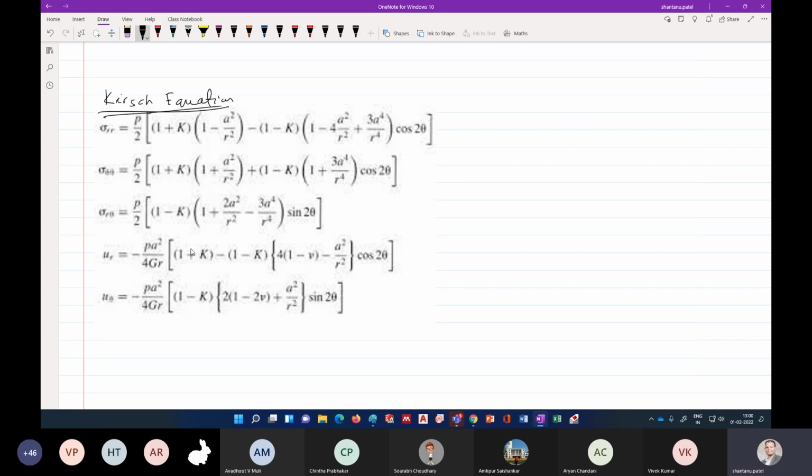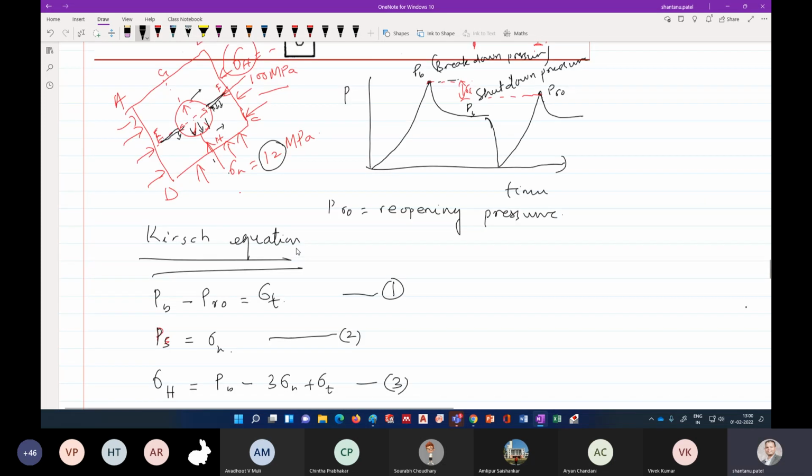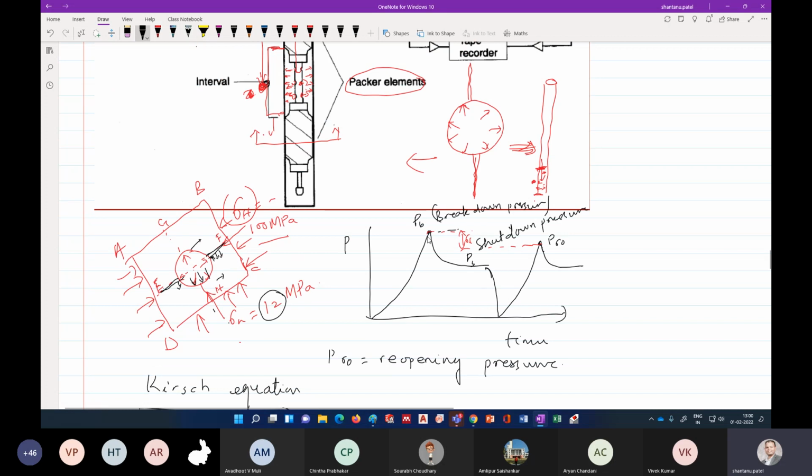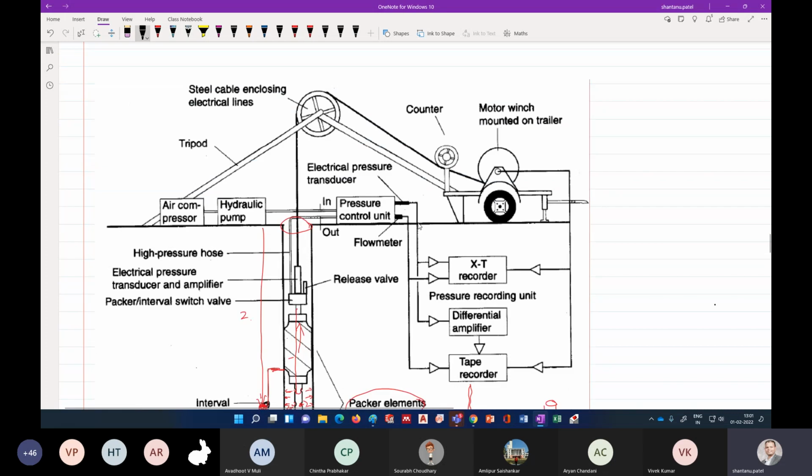So just to repeat, we do this hydrofracturing test and we get this plot when the hydraulic pump is connected to, let's say, a computer. On the computer screen you can find out how this pressure versus time looks like, right?